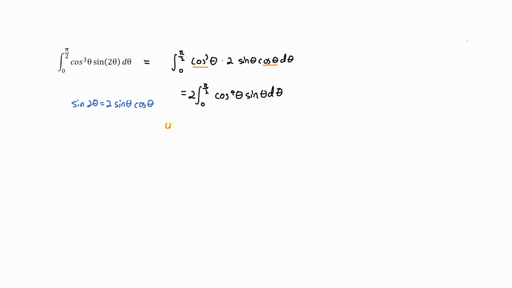So I'm going to set u equal cosine theta, and then if I take a derivative, I get du equals negative sine theta d theta. That matches this sine theta d theta, except I have a minus sign. Make sure you place this minus sign in front of constant 2.